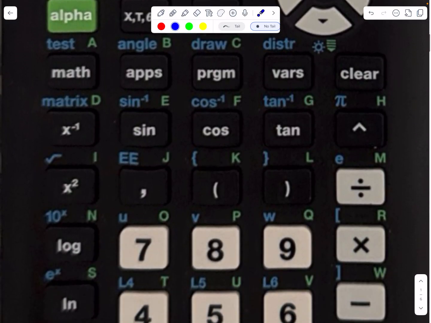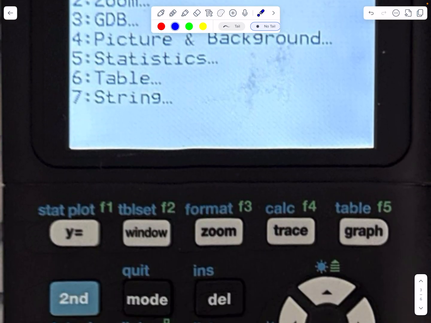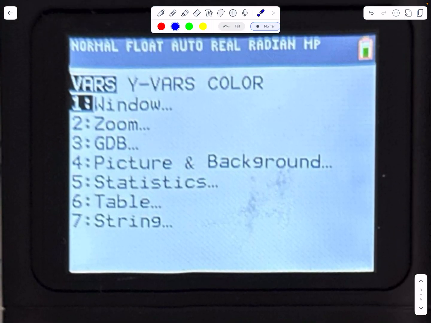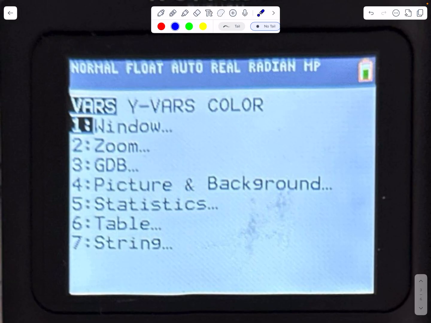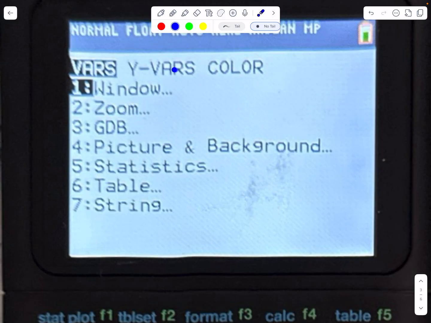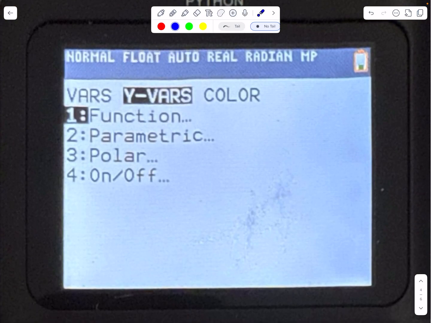Now what we're going to do is press vars, just like we did in the other question. When you do that, this is what pops up on your screen. Then use your right arrow key to go to Y-VARS, which is the next screen here, and press enter.